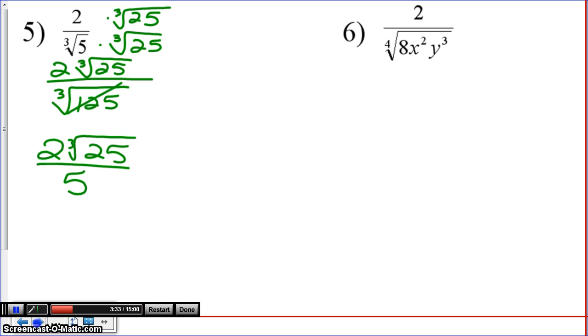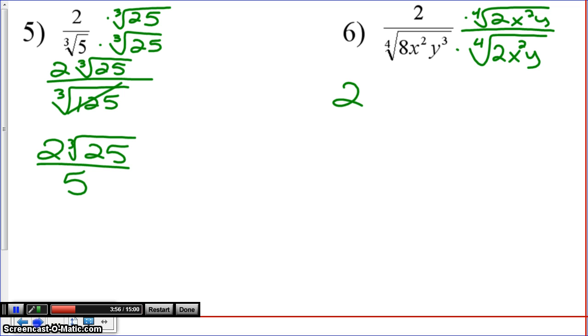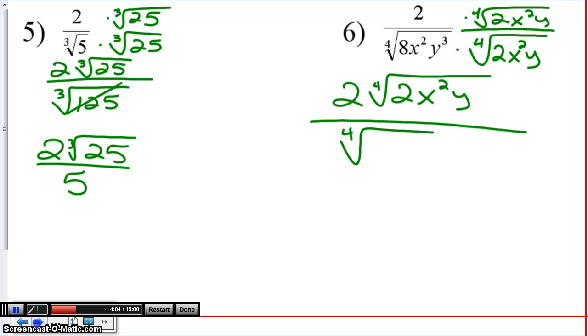Moving on, now I'm taking the 4th root. So I want to turn my denominator into a perfect fourth power. In order to do that, I need to multiply by the 4th root of 2x squared y over the 4th root of 2x squared y. When I do that, my numerator looks like this, and in my denominator I have the 4th root of 16x to the 4th y to the 4th, all perfect fourth powers.